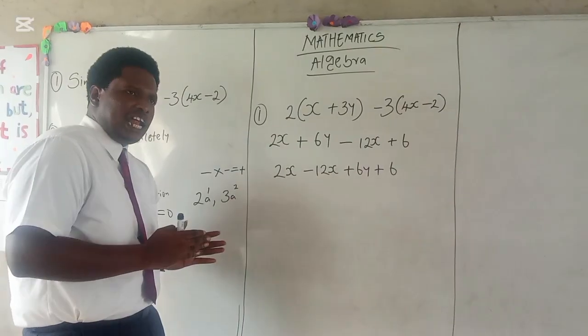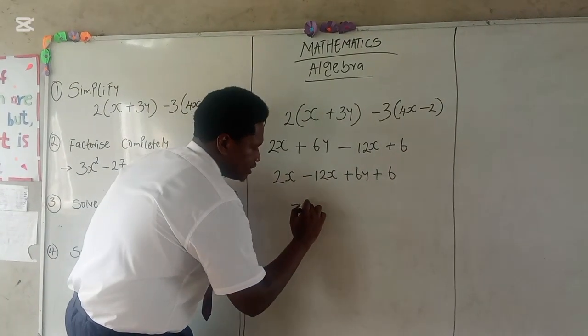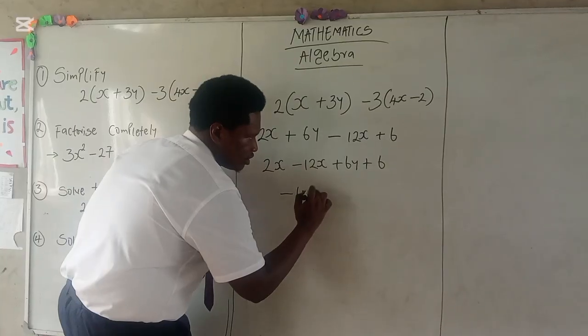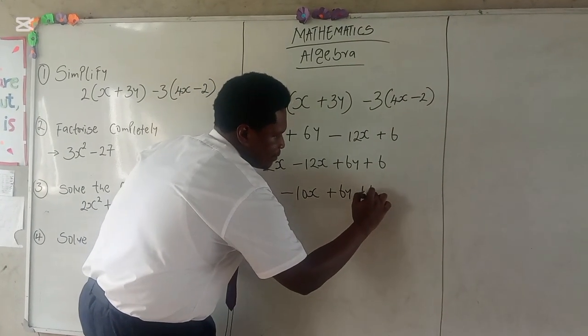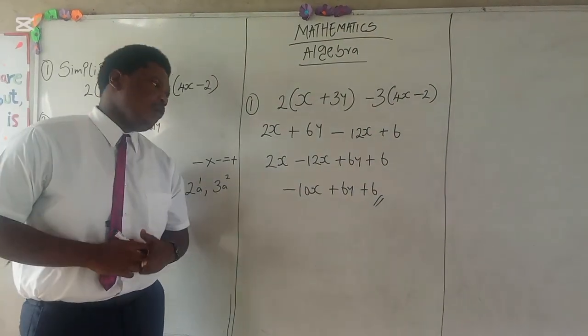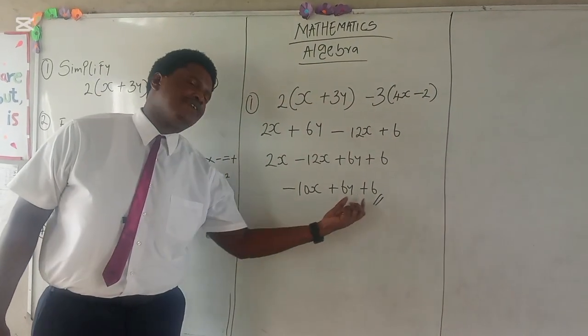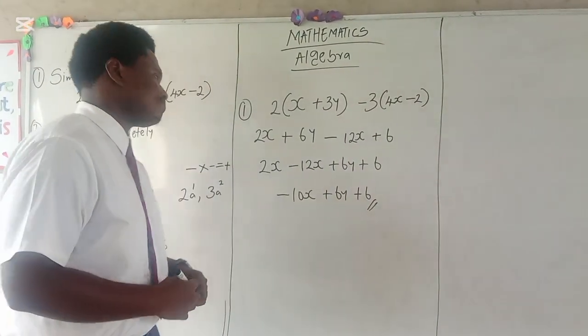So we are saying a smaller number subtracting a big number. So this will be what we have, minus 10x. And then we have our plus 6y, and then we have plus 6. At this point, this will be a final answer. Why? Because these are 3 different terms. So at this point, this will be our final answer.